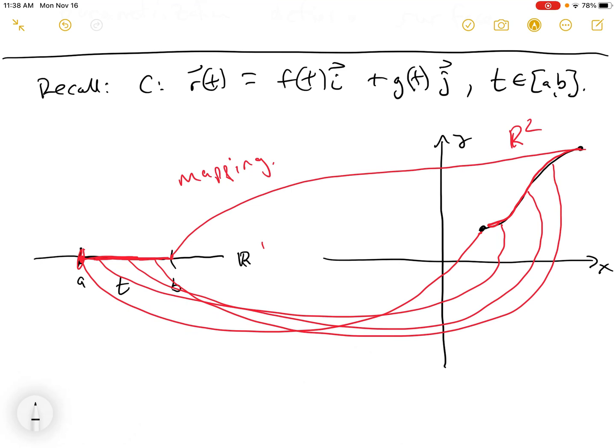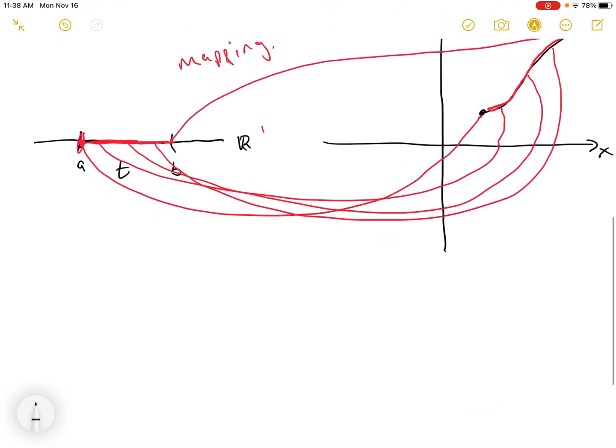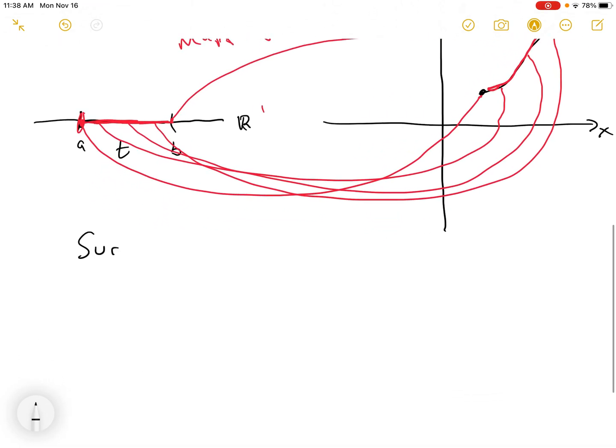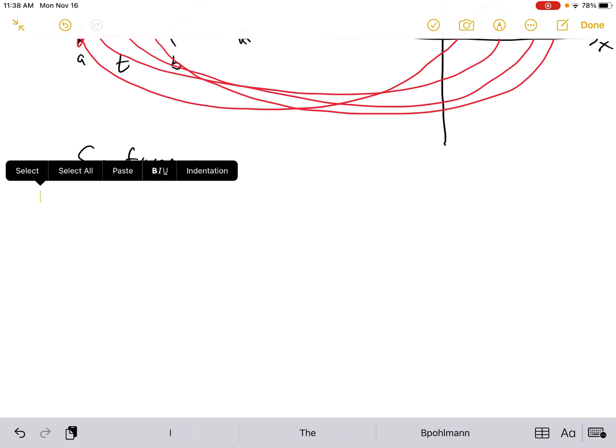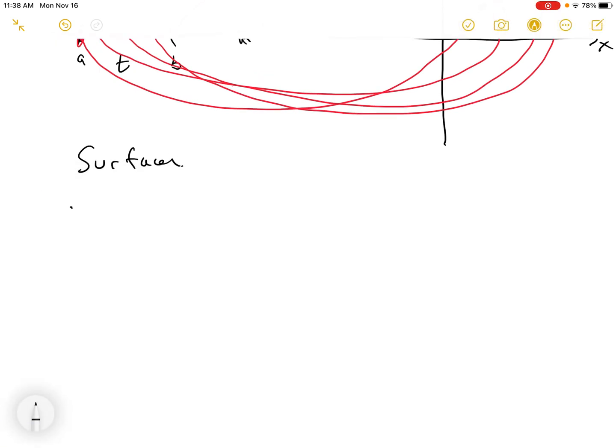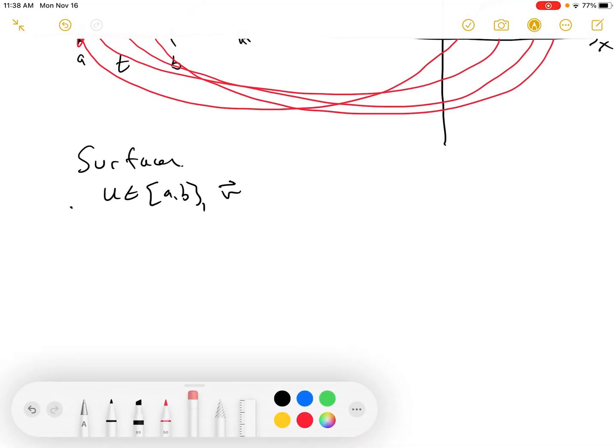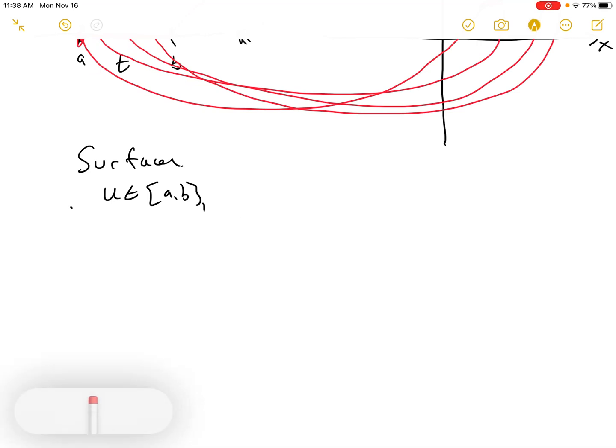Okay, so let's look at now what we're doing here. We're making surfaces. Keep that picture in your head. So remember, we have u and v, right? So u runs from a to b, and it's not a vector, surprisingly, and v runs from c to d.